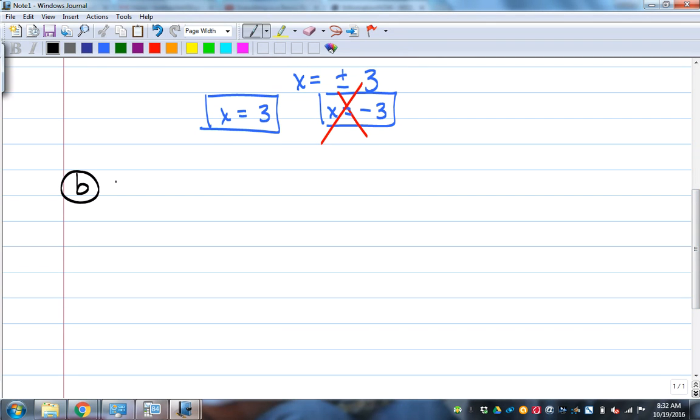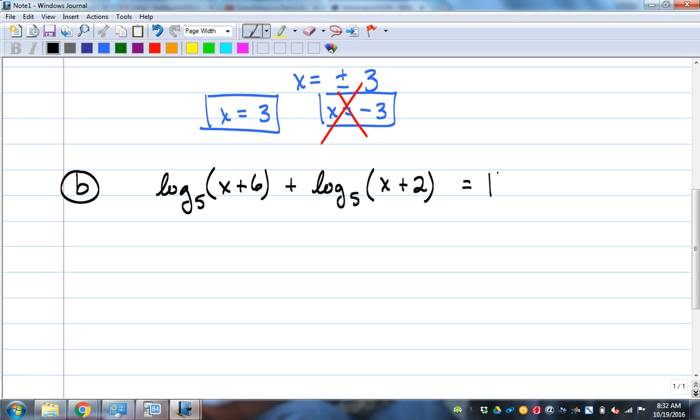All right, let's look at this one. Log base 5 of x plus 6 plus log base 5 of x plus 2 equals 1. Yeah, the left side can be condensed to a multiplication problem, right?